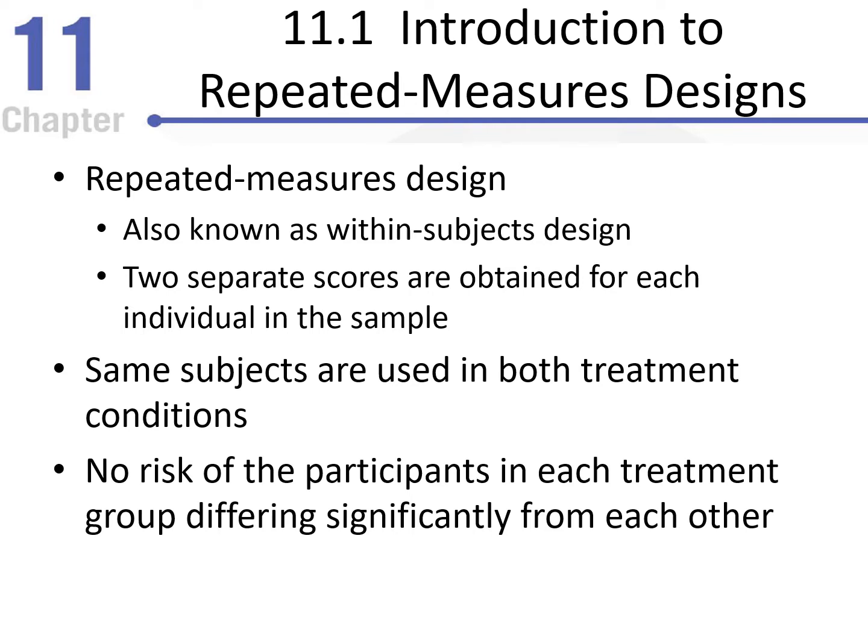So you don't have to worry about the group that got the experimental treatment being fundamentally different than the group that got the control treatment because maybe they were younger or more intelligent or something else was wrong with them, right? You don't have the case here because these are the same individuals. So you don't have to worry about the difference between the two samples. And that's one of the advantages.